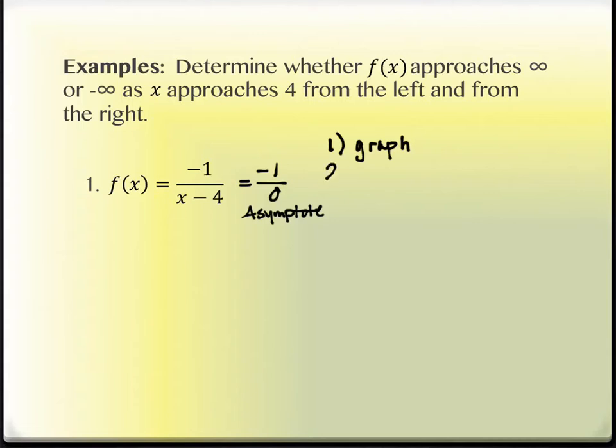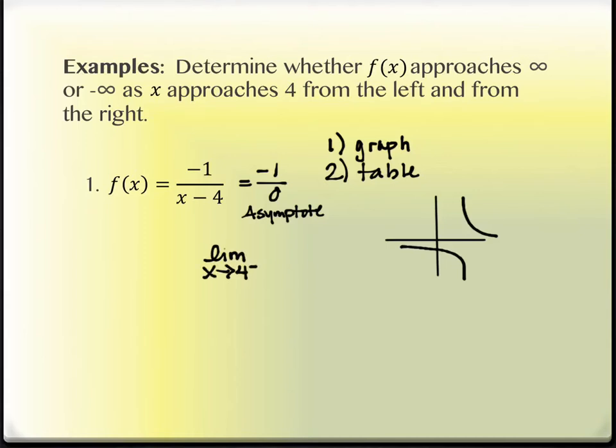So you need to either look at a graph or a table. I feel like graphs work pretty cleanly on this problem. So let me show you what a graph roughly of this one would look like. It looks roughly like this. So the directions say find the limit as x approaches 4 from the left of f of x, and the limit as x approaches 4 from the right of f of x.